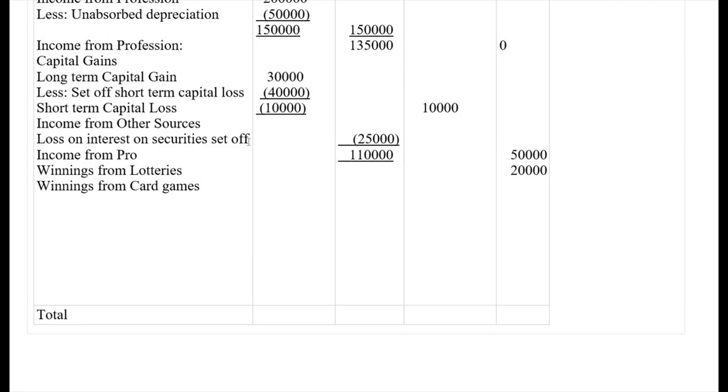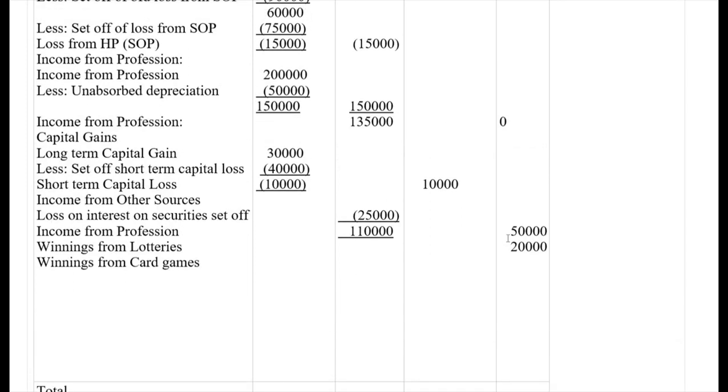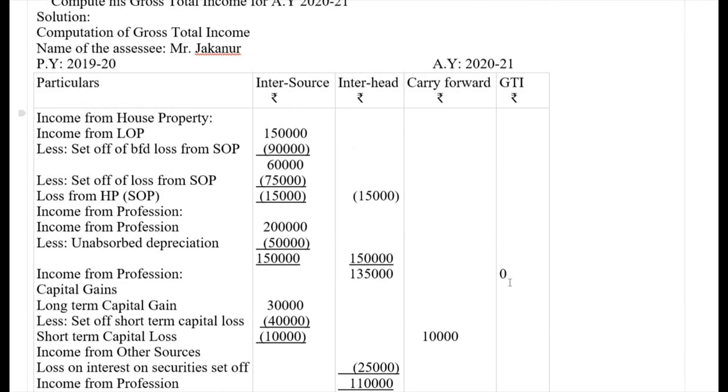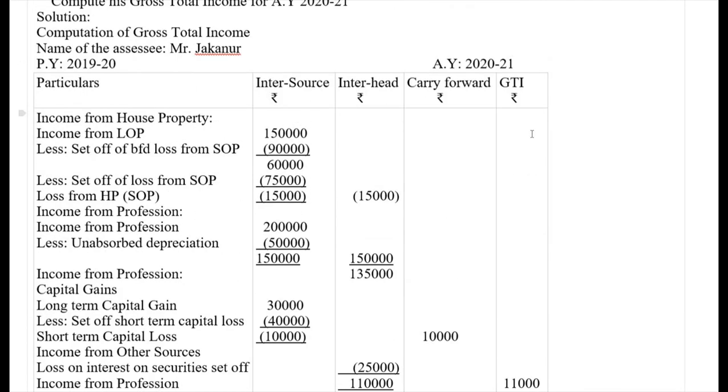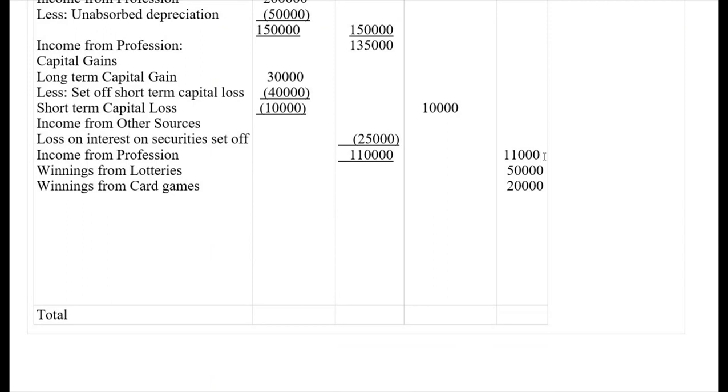So we will take here 1,10,000. So this is 1,10,000.